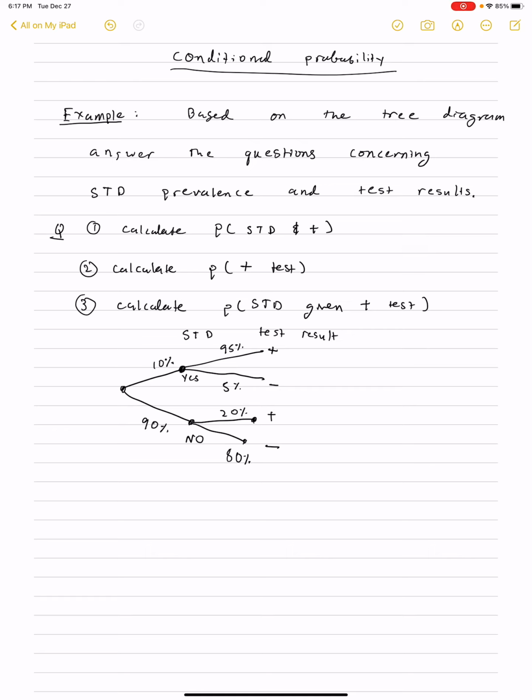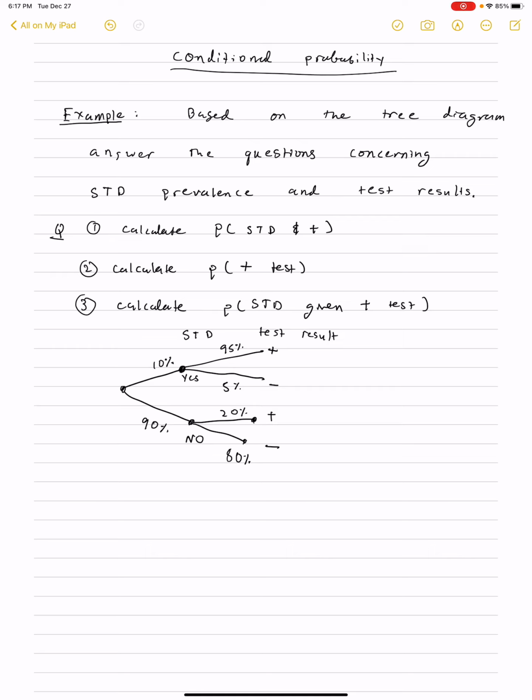Now here, 10% of the population has this STD. 90% does not. Okay, so that's represented in the first little branch here. Now the end branch or leaves of this tree are the test result.